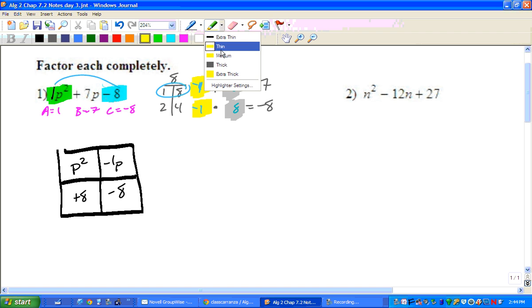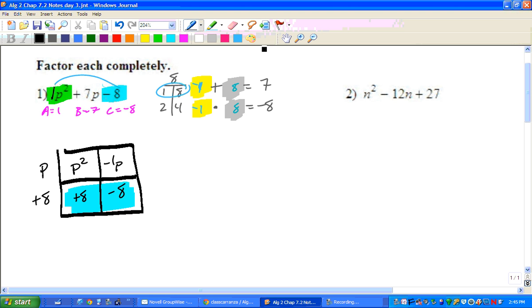So now what we do is we want to factor the top. So just looking at the top, what's the GCF? I can pull out a P. Okay. What about at the bottom? What's the GCF of just the bottom? Well, that's a positive 8. And now the GCF of the left.